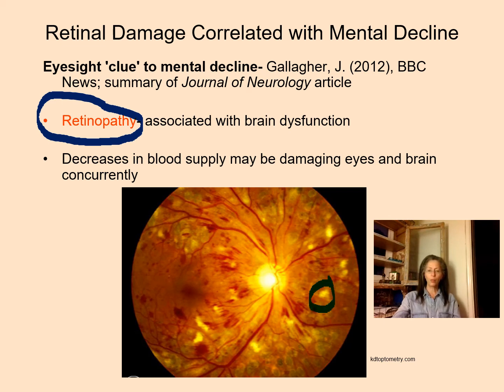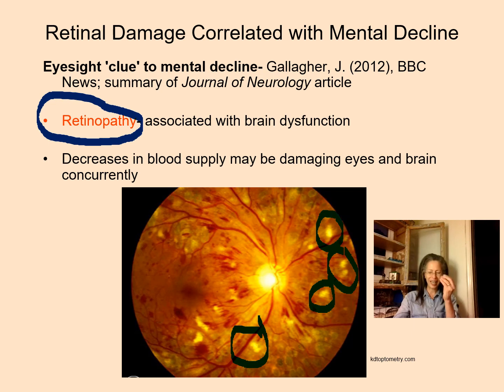And there are some interesting studies that have looked at people over time. Like, let's say you have a person who's in their 40s and they start to have these spots in the retina, what they've realized is that these people are going to be more likely to have cognitive changes as they age.